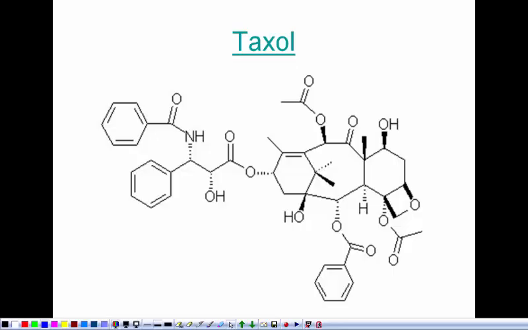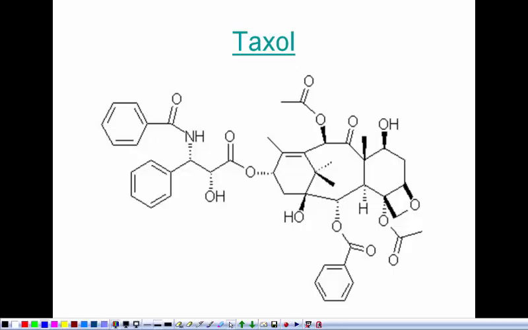Now I think it's been approved and is a commonly used drug, probably being studied for other things. Notice it's pretty complicated, with lots of chiral centers, which means only one of the stereoisomers is going to be active. Somehow this molecule has shown good anti-tumor activity, enough to be used for ovarian cancer.